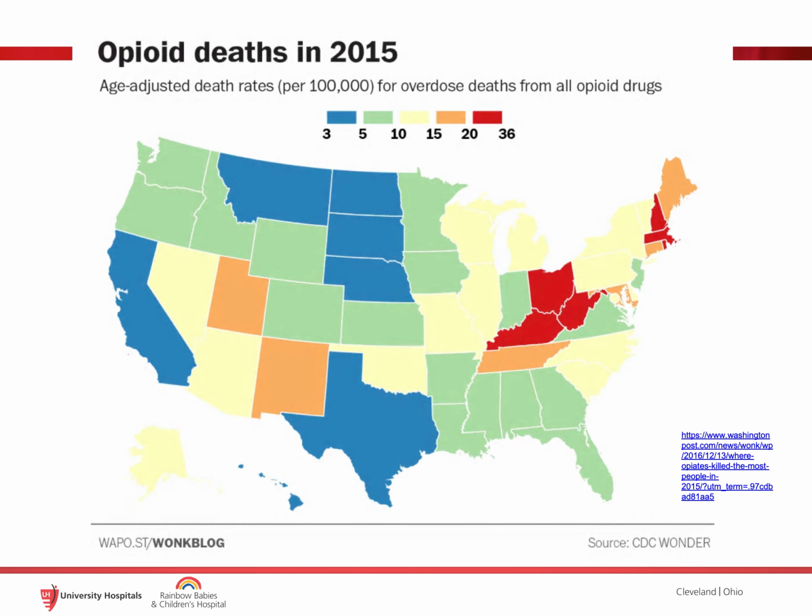This map shows the opioid deaths throughout the United States in 2015, and you can see that Ohio is in red, so it does definitely have a higher rate of opioid-related deaths back in 2015.